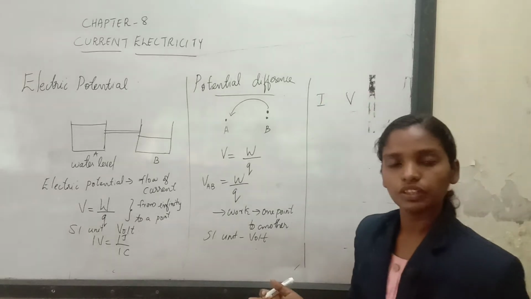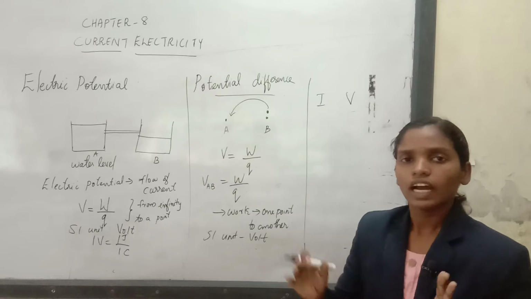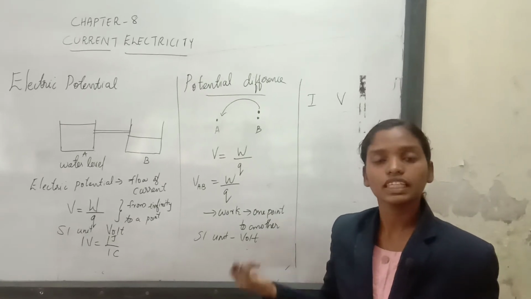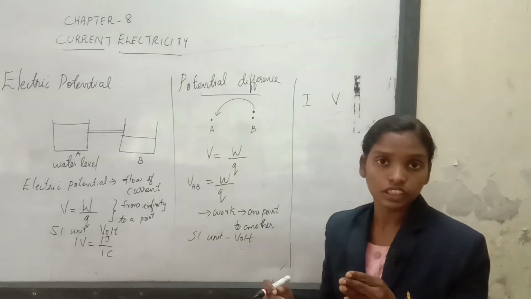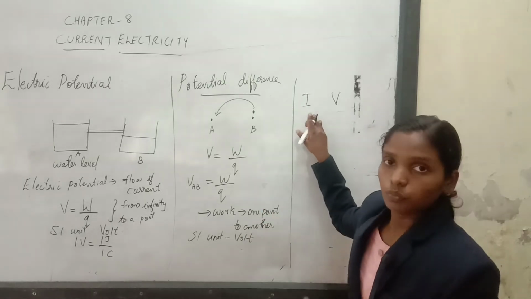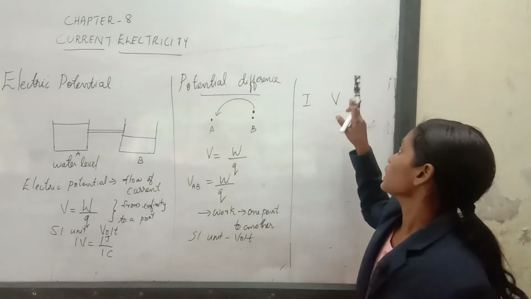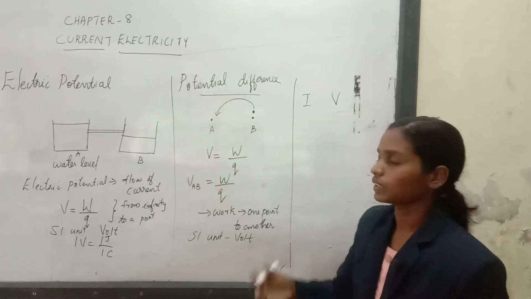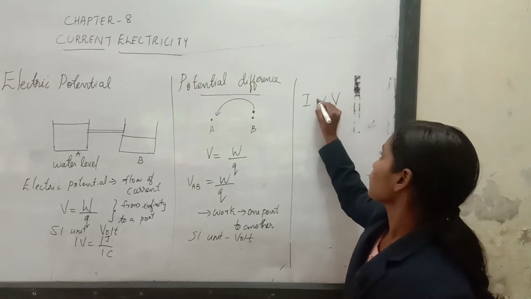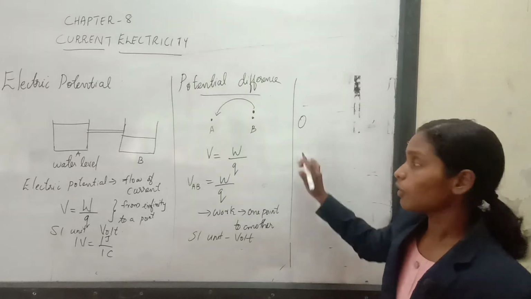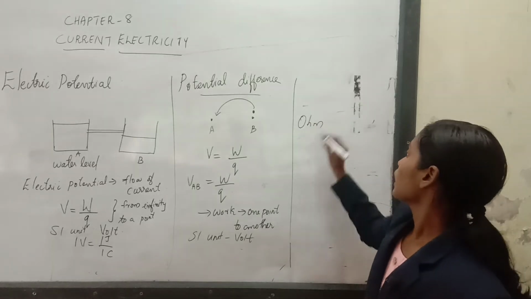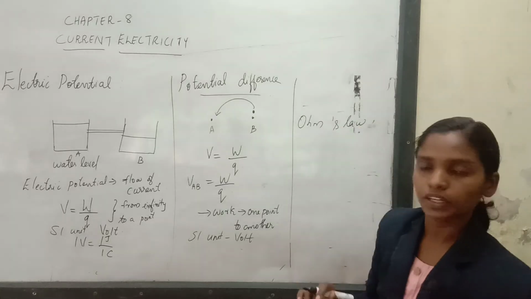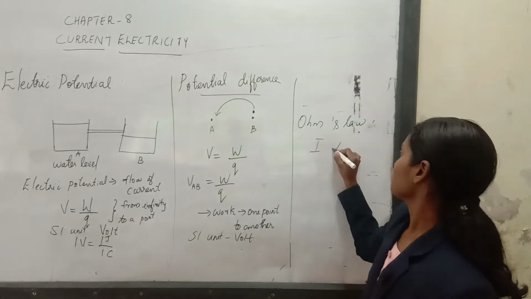He stated that under constant temperature and pressure, that is, when the physical conditions are constant, when a current flows through a conductor, the change in potential is directly proportional to it. That is, I is directly proportional to V.